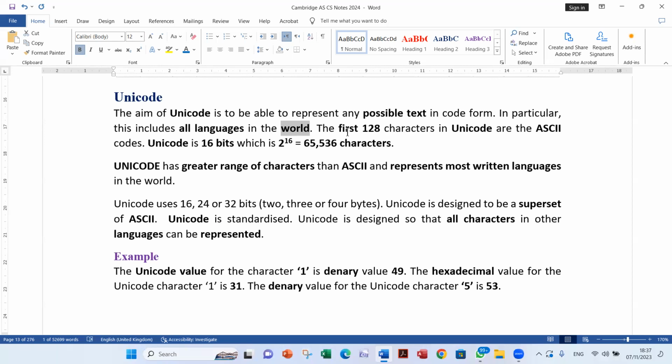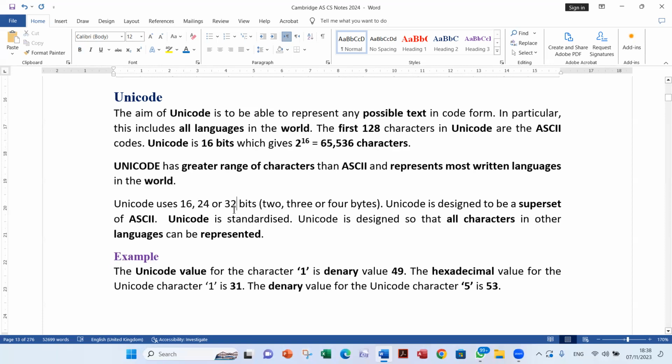Unicode is 16 bits, which gives 2 to the power of 16, 65,536 different characters. Unicode has a greater range of characters than ASCII and represents most written languages in the world. Okay? Unicode uses 16 or 24 or 32 bits.